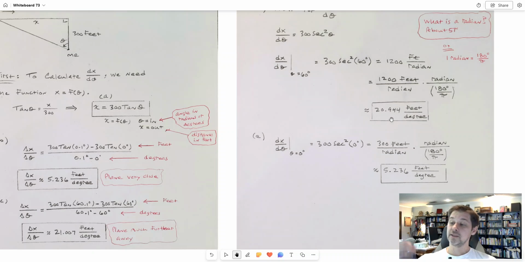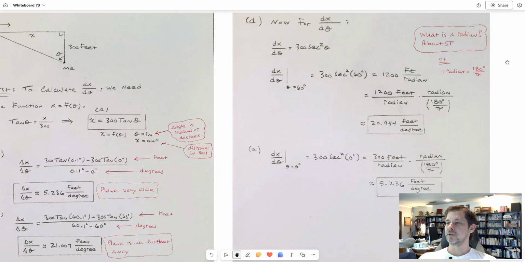Now I would like to convert that to feet per degree, because I want to see how it compares over here. I'm expecting about 21.007 feet per degree, because they should be close. That's the nature of how this works. So I'd say, well, what is a radian? Do you ever think about what a radian is?